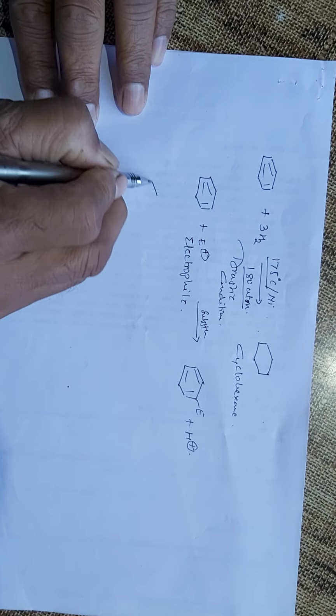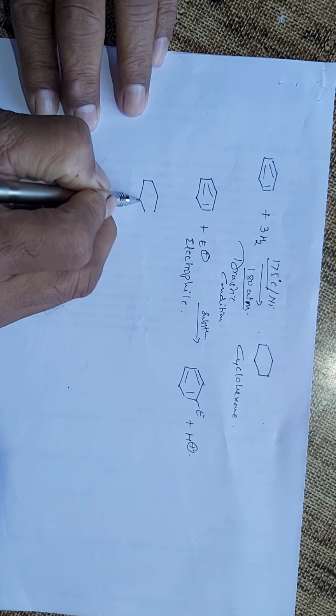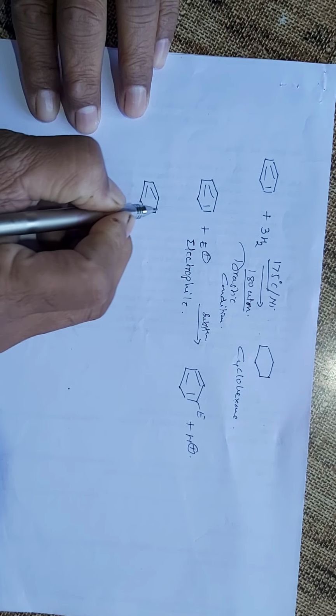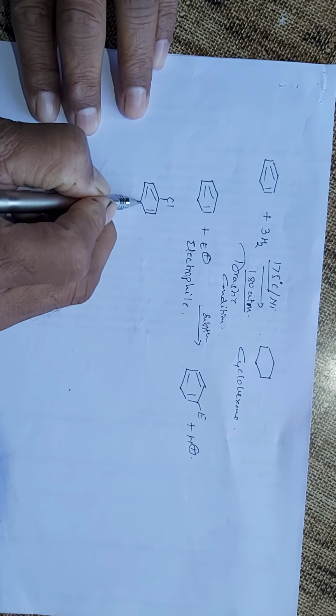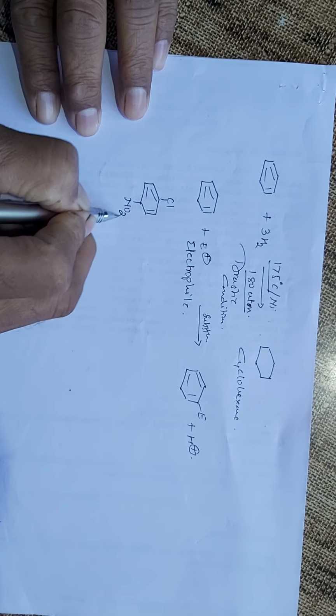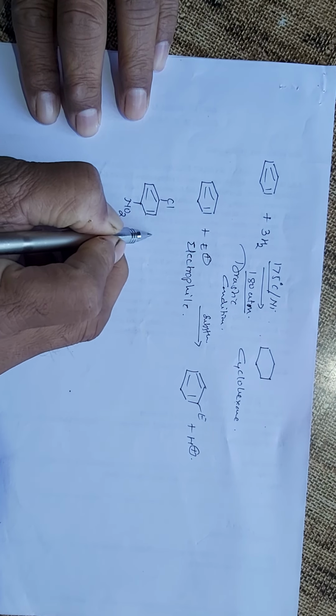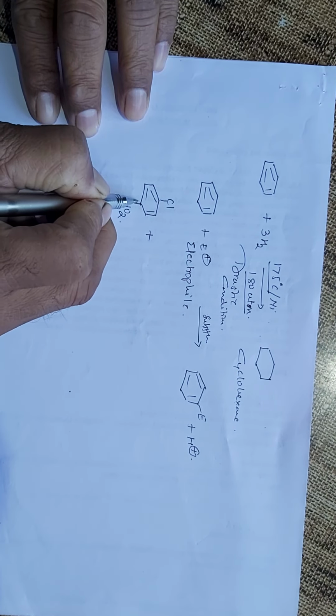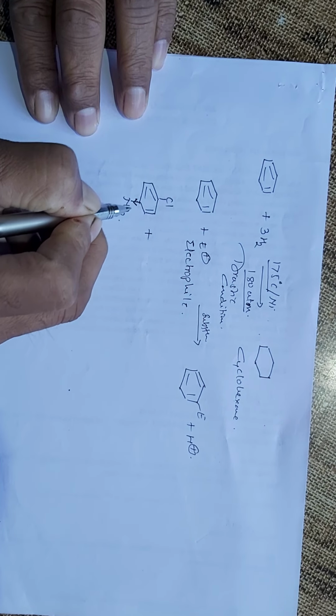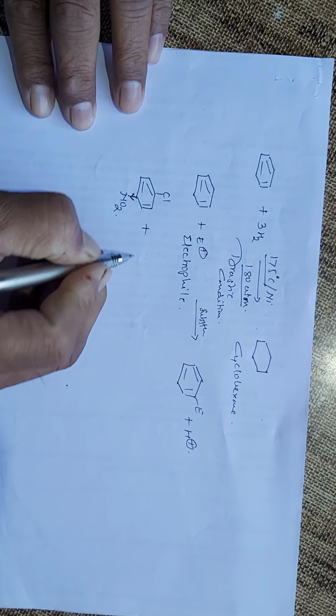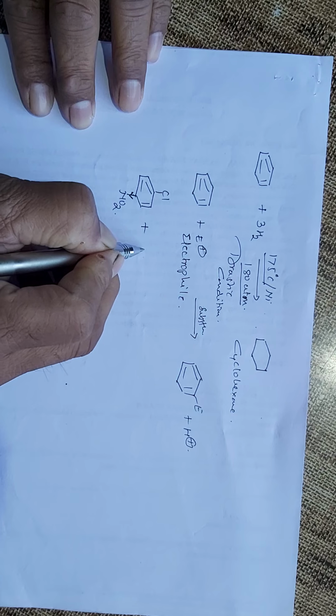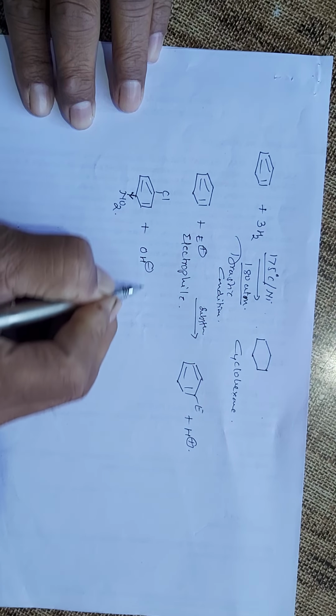But if benzene is forced to undergo nucleophilic substitution, some special conditions are needed. In presence of an electron withdrawing substituent, which shows a strong minus I effect, benzene undergoes nucleophilic substitution reaction.